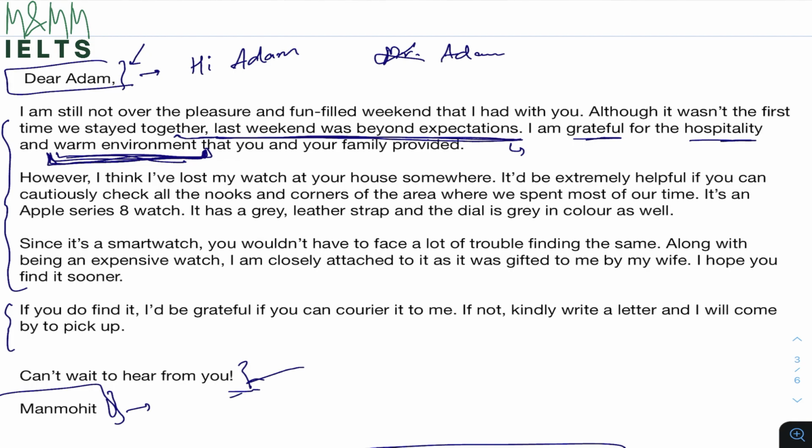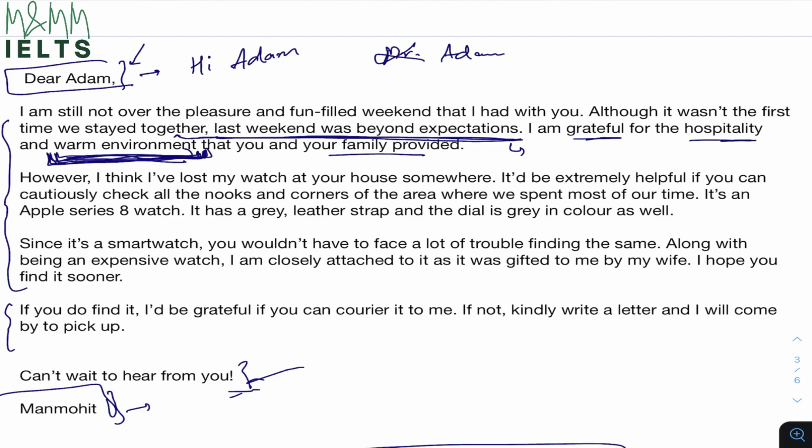So vocabulary doesn't just mean single words. A phrase can be part of the vocabulary as well. Remember, it's not vocabulary, it's lexical resource. So the more good complex phrases you use, the better your band score is going to be. So I've answered question number 1, that I thanked him for the time that we spent.